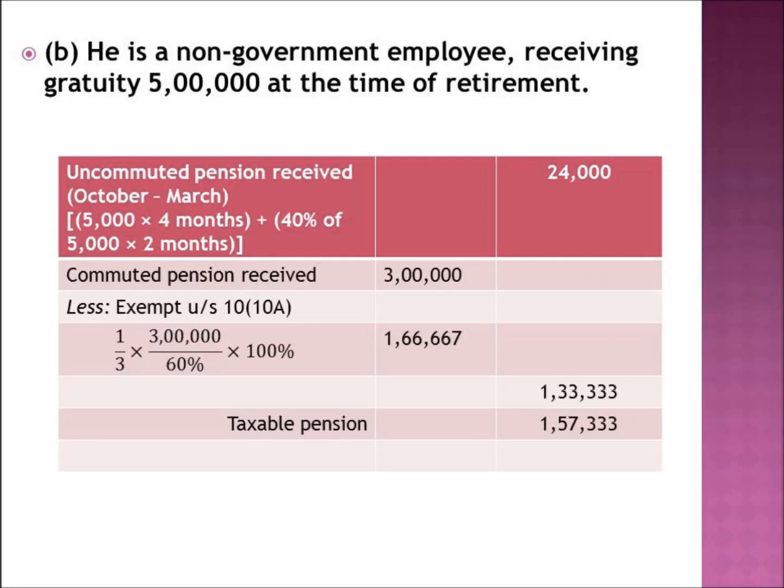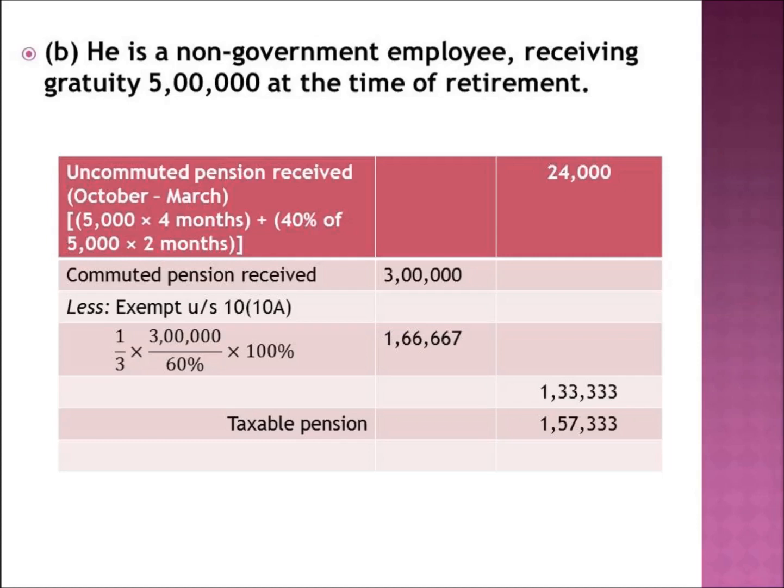So 5 lakh is the total value of commuted pension had I commuted 100% of my pension. Though I have commuted only 60% of my pension, what will be the 100% value of commuted pension had I commuted my total pension? So that is equal to 3 lakh divided by 60% is equals to rupees 5 lakh. So 5 lakh is the total commuted pension had I commuted 100% of my pension.